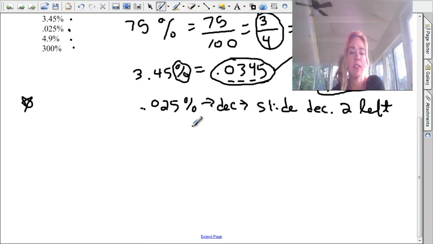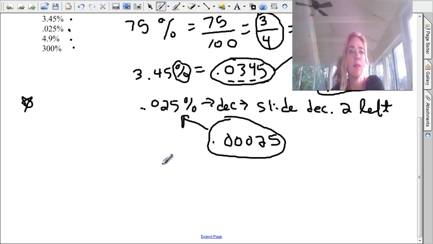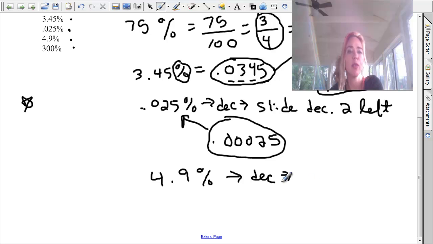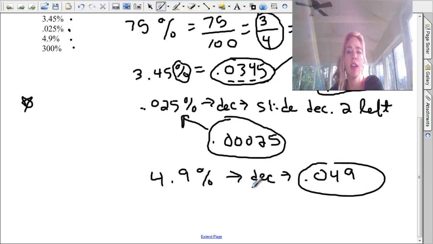If we just slide the decimal 2 to the left, then we're going to have 0.00025 for that one. And let's just keep trying that now that we're getting comfortable. So 4.9% as a decimal then. Slide the decimal 2 to the left, and we'll have 0.049.